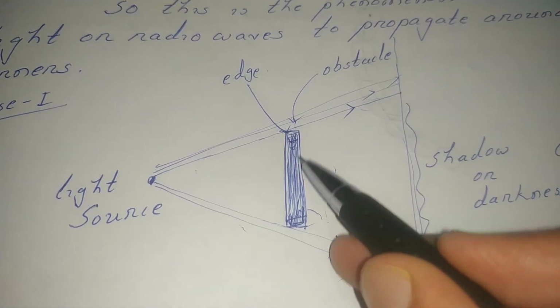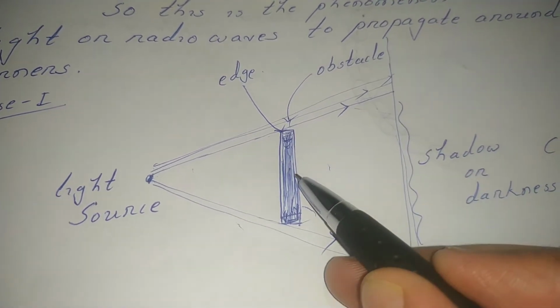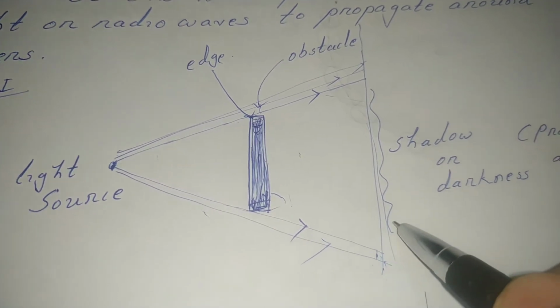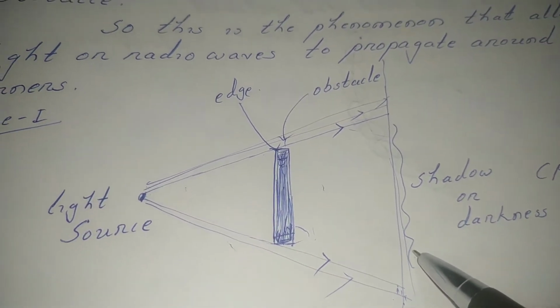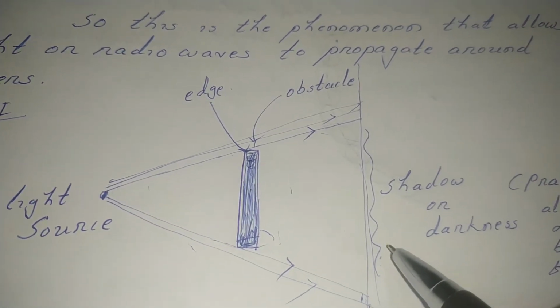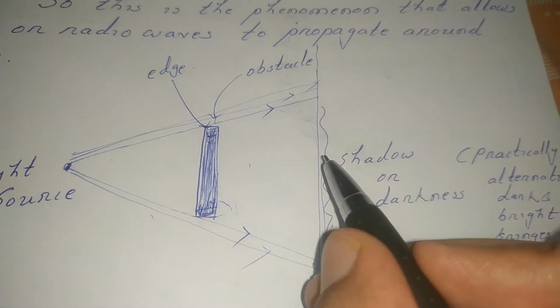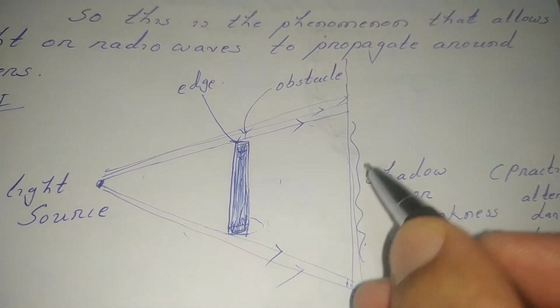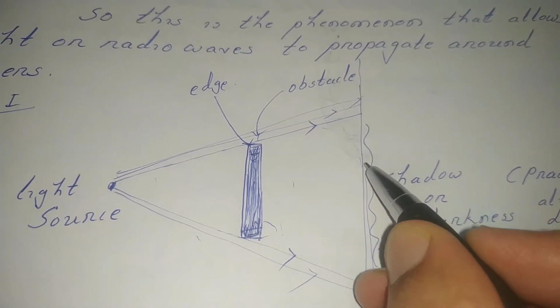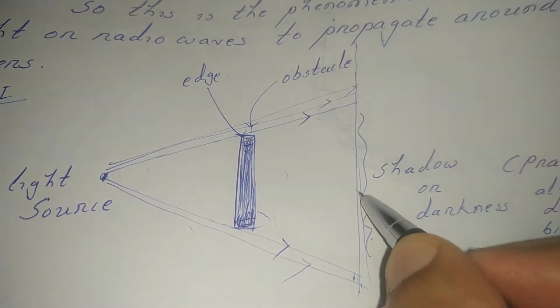And as the obstacle is present here, behind it a shadow or darkness should be there, but generally the case is not like that. Practically it has been seen that in the shadow part also some dark as well as bright spots are there.